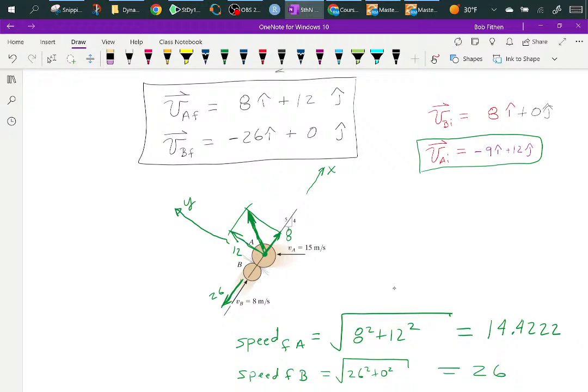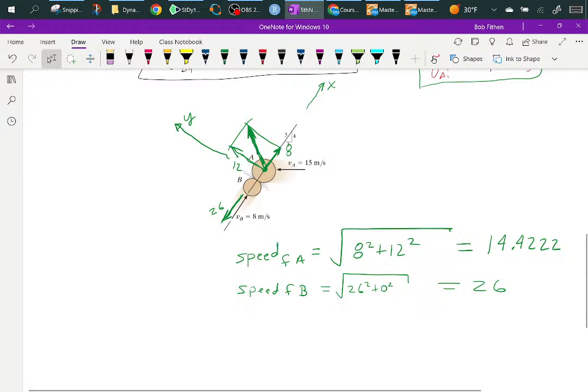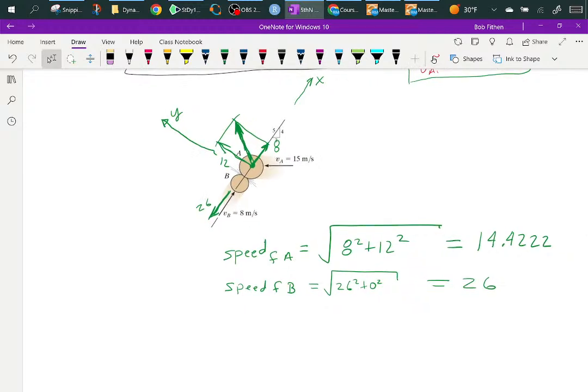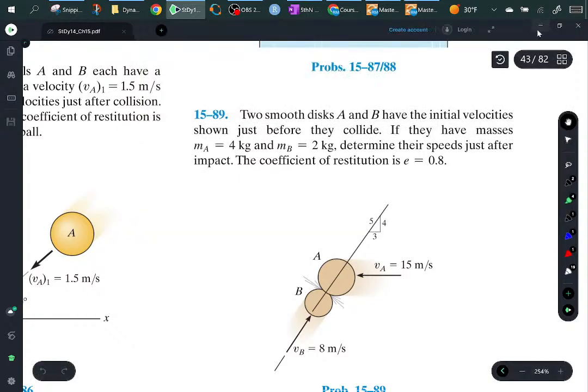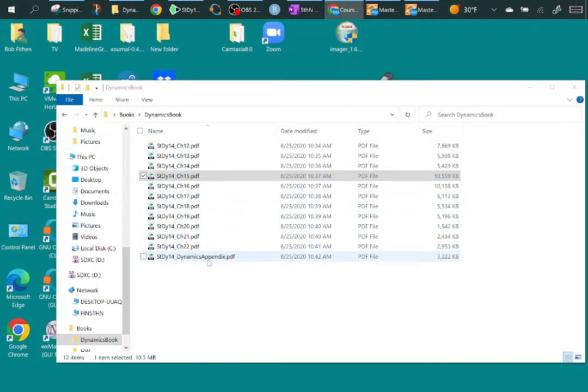So in review, let me check the answers here first. I think I can find out how to do that. Okay, give me a second. Okay, 1589. Remember that number.